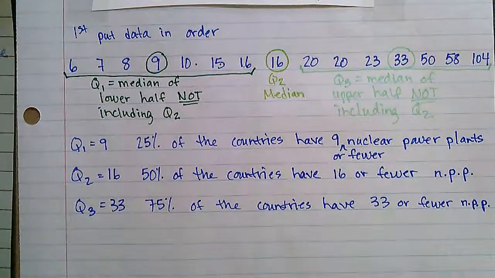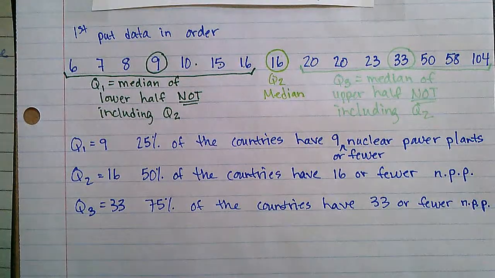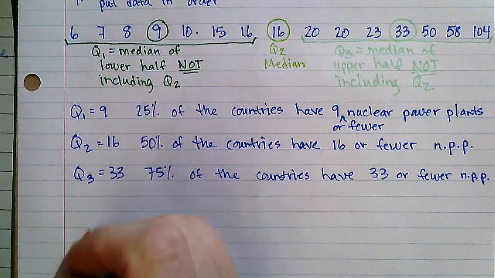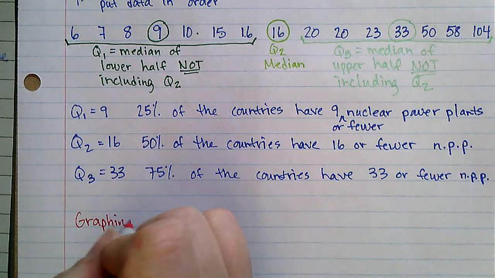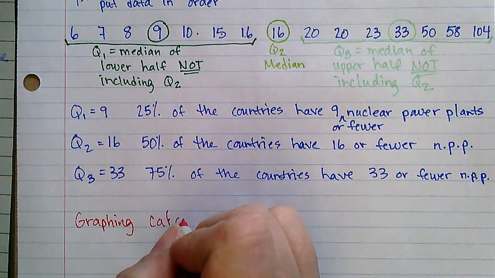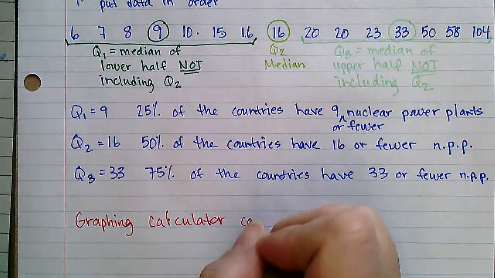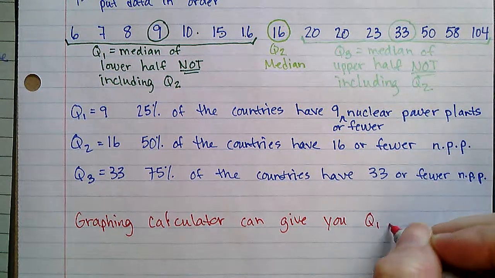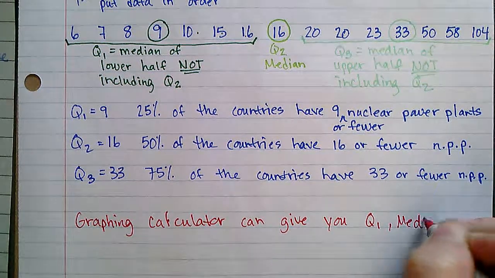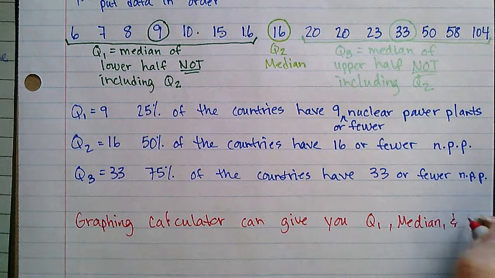Now remember that your graphing calculator will be able to help you find Q1, the median, and Q3. We had mentioned that under one variable statistics. So the graphing calculator can give you Q1, median, and Q3.